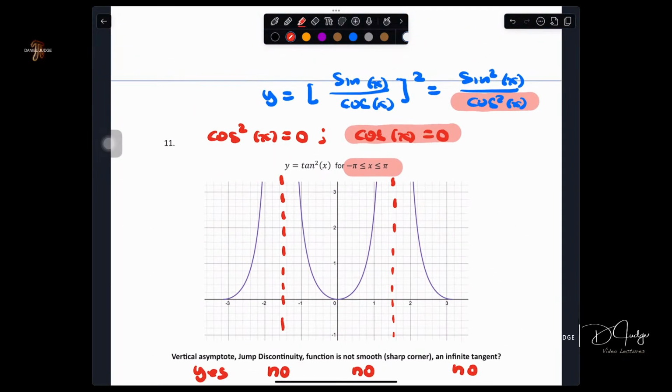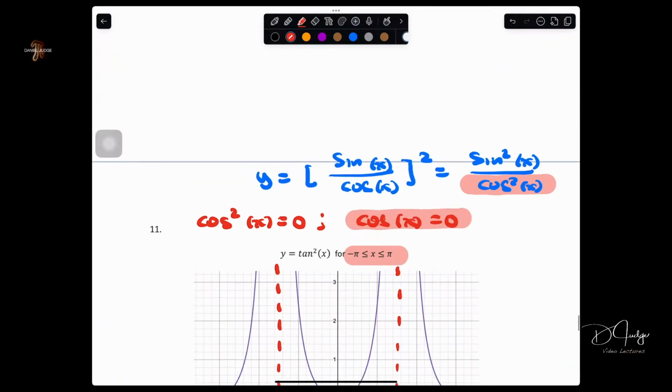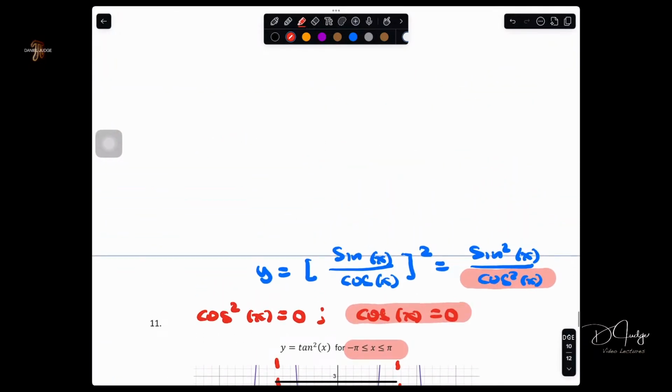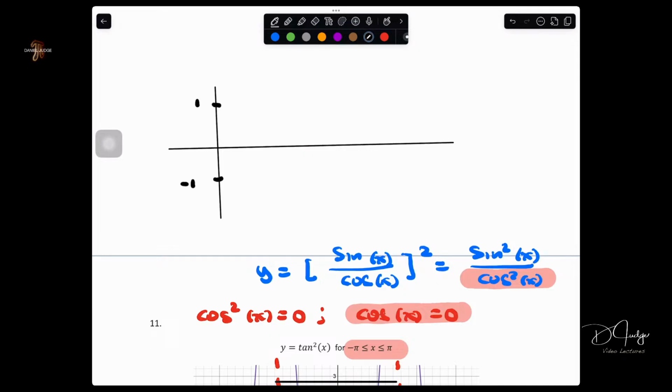So cosine is 0. I'm going to go back up here and remind you about these curves. It's really important for you to know some trigonometry. Like, when cosine is 0, what does that curve look like? So this is 1, negative 1. I'm going to deduce my answer by considering the cosine curve. That's going to help us here.